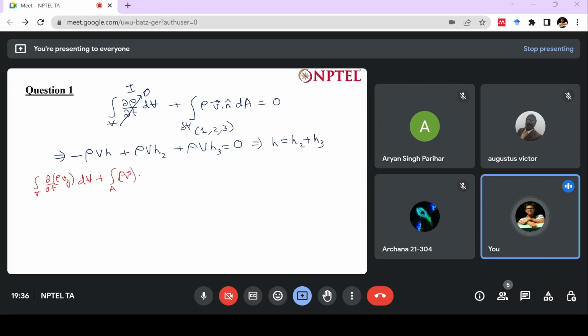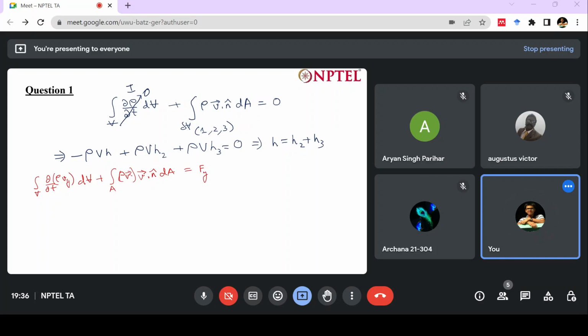This is my momentum. This is equal to whatever the external forces that are applied. So external forces in the y direction will be 0.